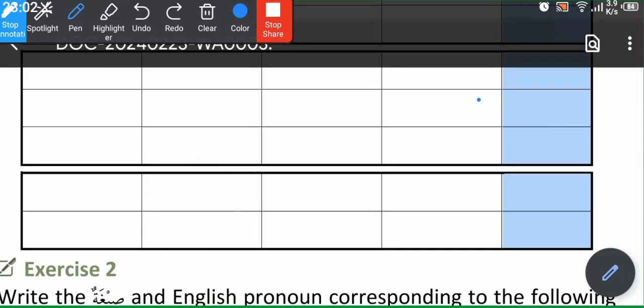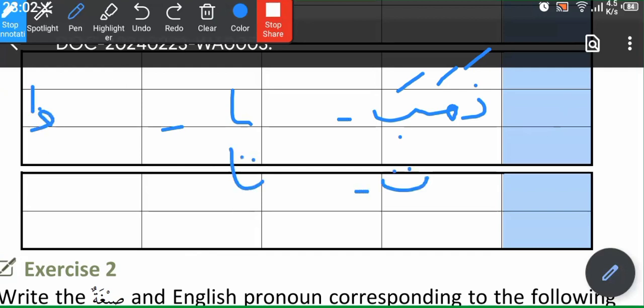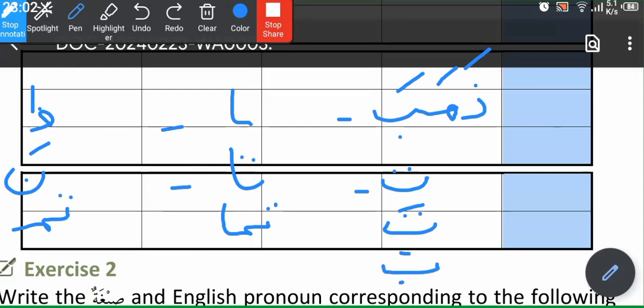Like the first fail is always the simple one, zahaba, right? You don't need to remember this. Then zahaba, zahabu, zahabat, zahabata, zahabna, zahabta, zahabtuma, zahabtum, zahabti, zahabtuma again, and then zahabtunna.